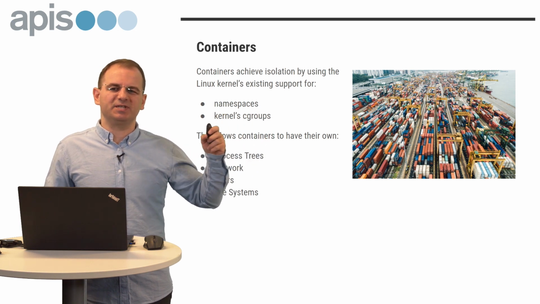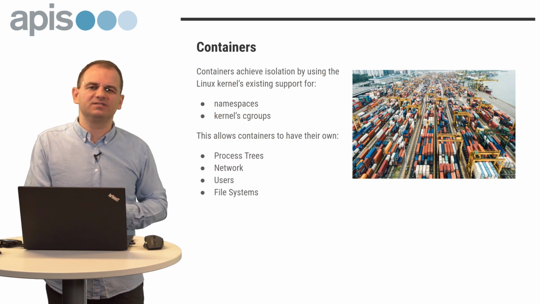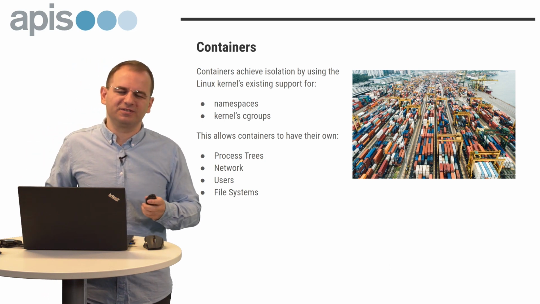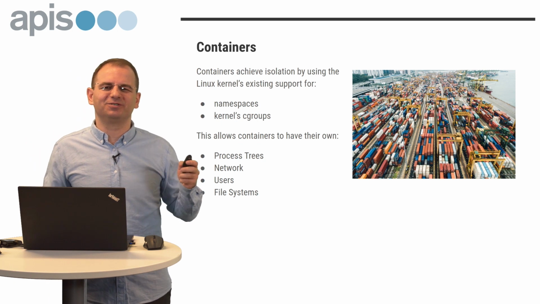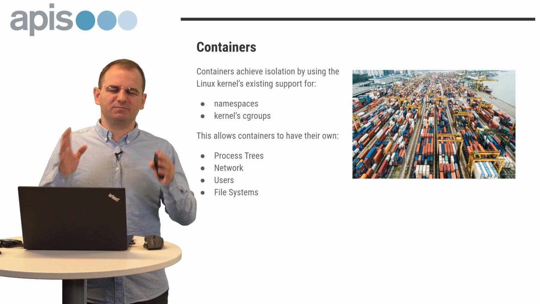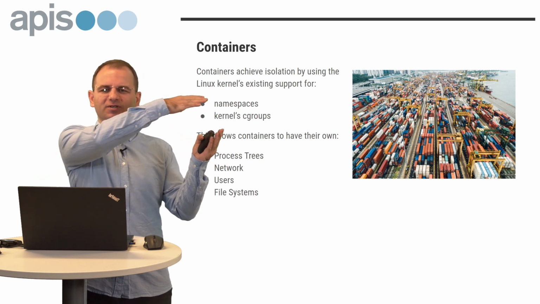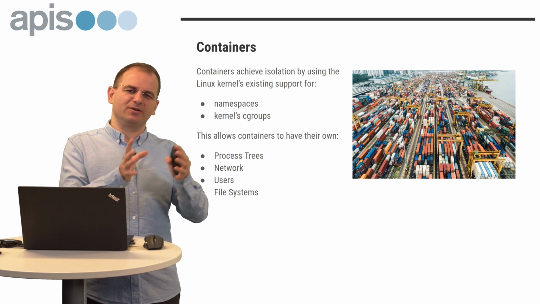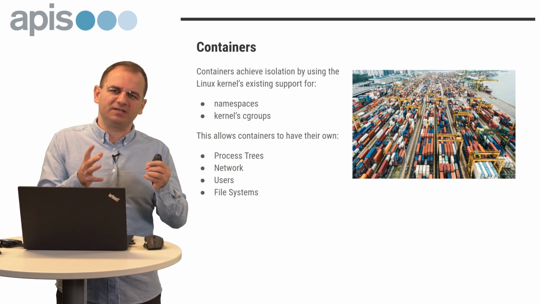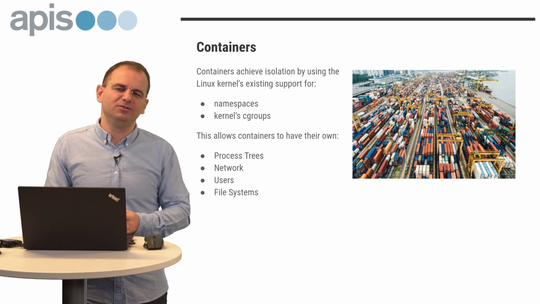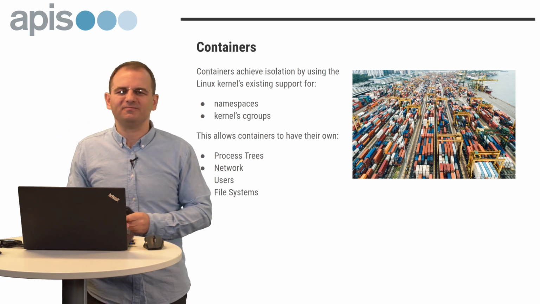One of them is namespaces, the other one is kernel cgroups. I don't think this course is a good place for me to explain all of this stuff, but just bear in mind that these two technologies in the Linux kernel are how you can achieve isolation between your applications, thinking that it has its own operating system when in reality it's just using the one from the machine.